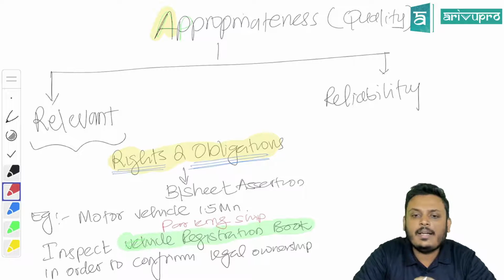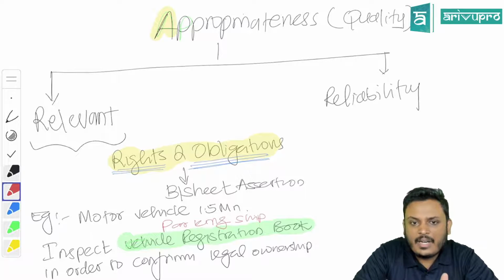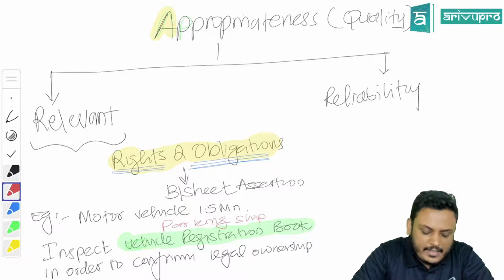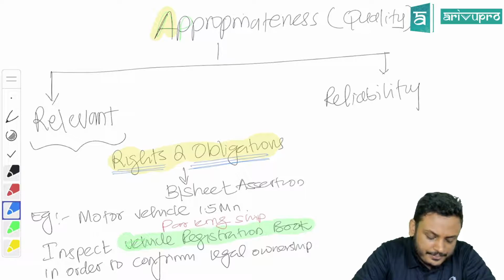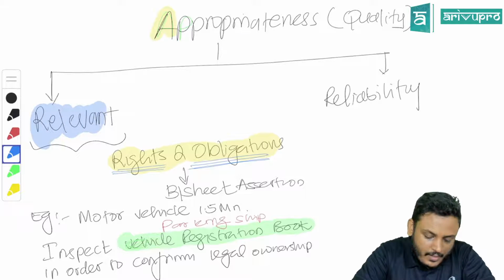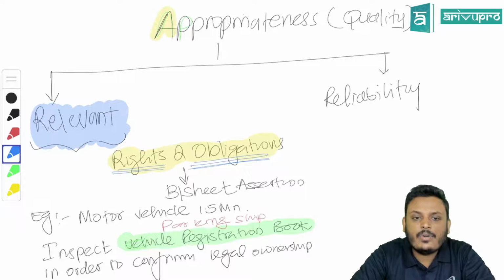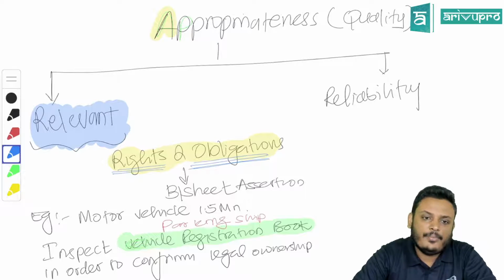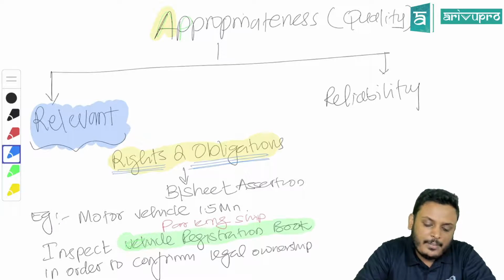That's what you need to understand. Rights and obligations is an assertion. When evidence is logically connected with the rights and obligations, then such evidence is known as relevant evidence.